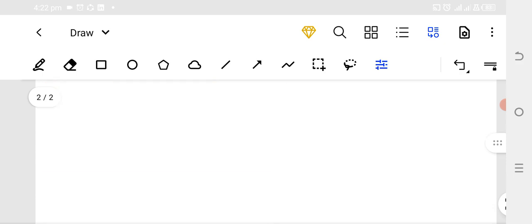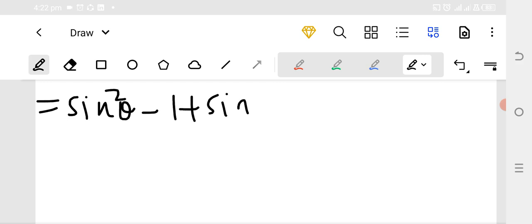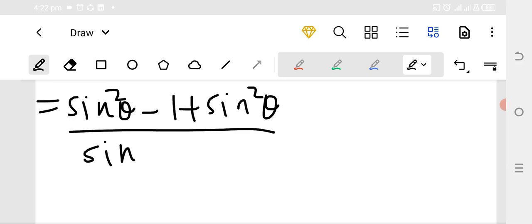Let me just write it again. I was supposed to write sine theta squared plus minus 1 plus sine theta squared, like that. You divide by cos theta sine theta.